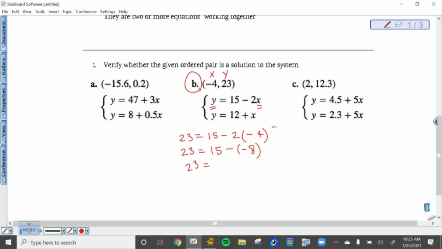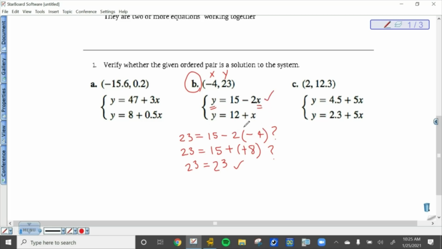And I'm checking to see if this is true. What happens when we subtract a negative number? It turns positive. It turns into an addition problem. So what's 15 plus 8? 23. Is 23 equal to 23? Yeah. So that one is true. The -4, 23 is a solution to this first equation.